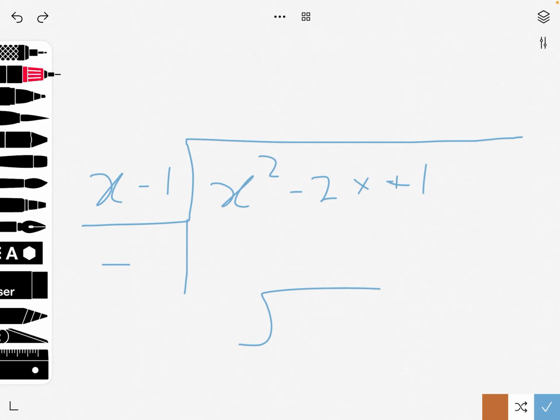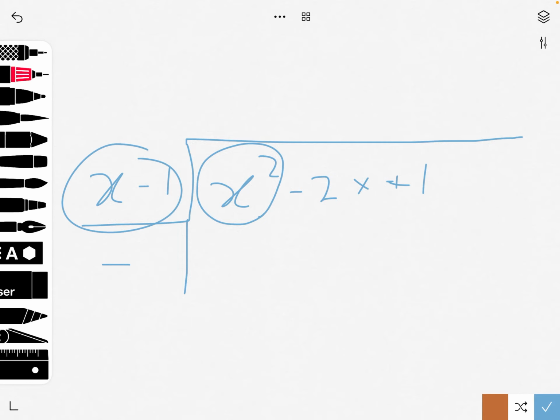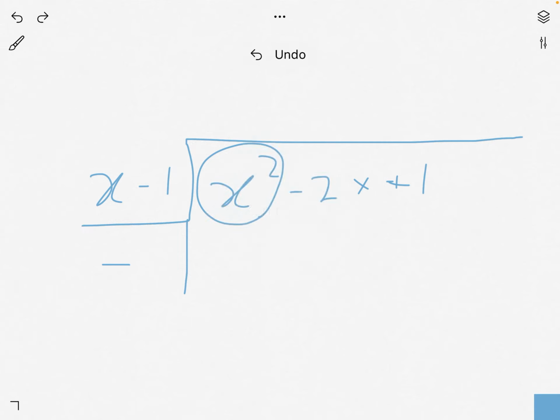The main way to divide them is you look at the first term you have here. This thing is called the dividend, and this is called the divisor. So that's how we're gonna refer to it. The first term in the dividend is written in standard polynomial form always. What is standard polynomial form?